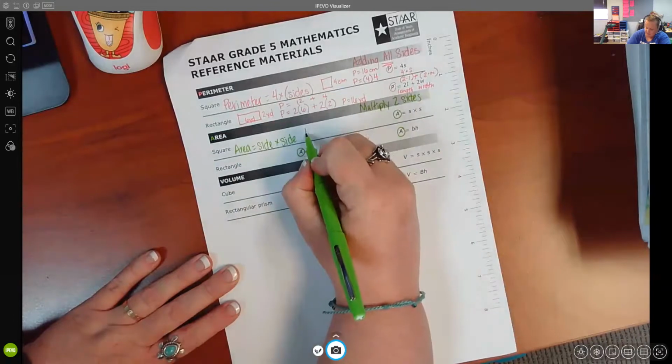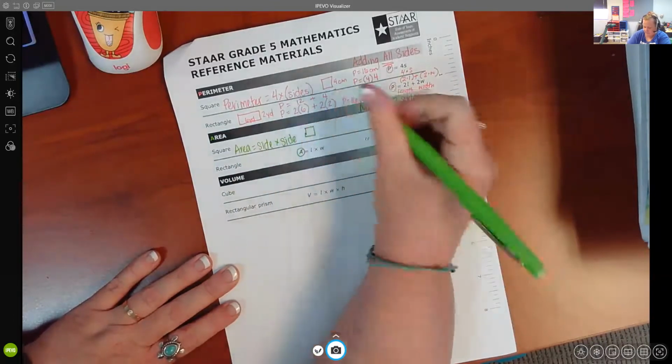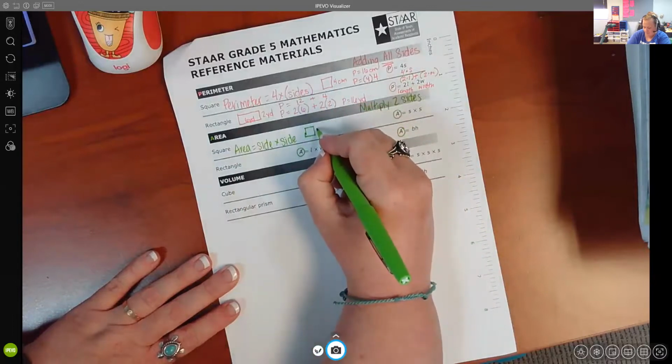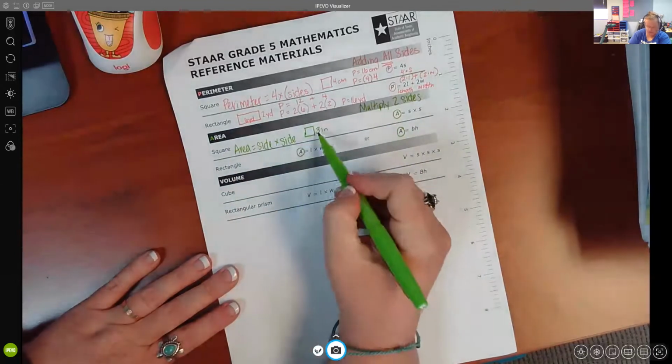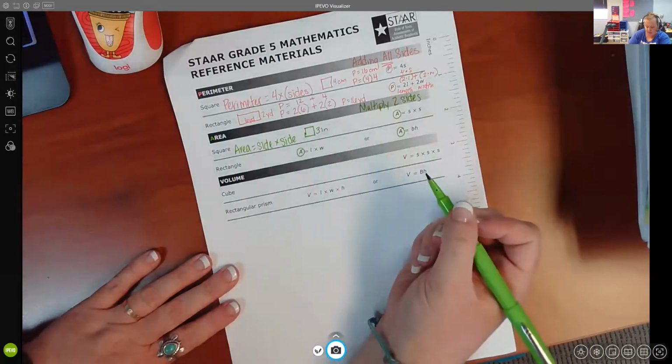So if I have, let me draw my nice little square here, and I have 3 inches. Since it's a square, I know that all sides are 3.